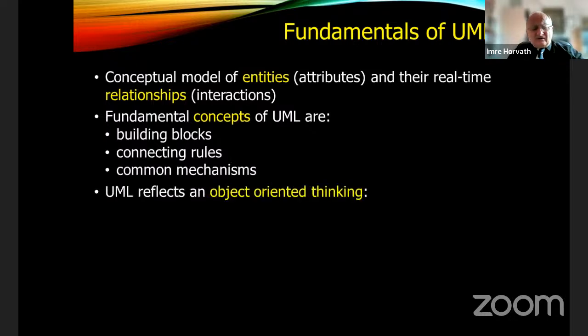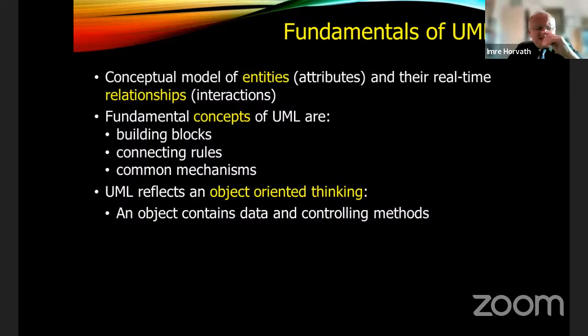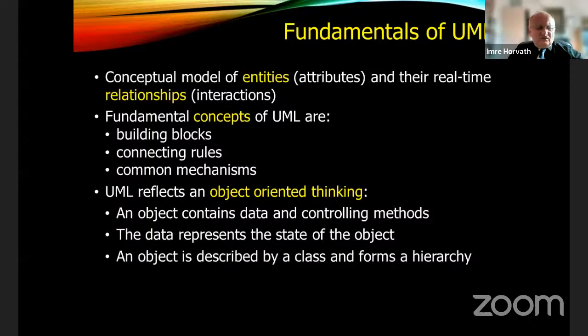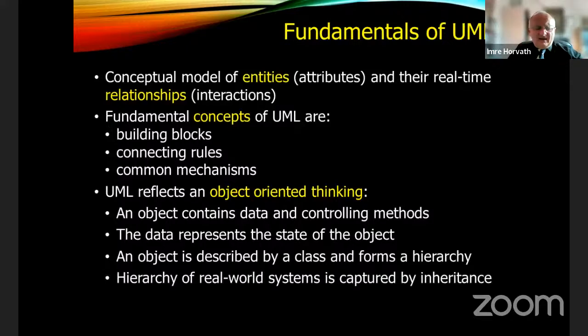UML was proposed at the end of the 90s, so it strongly relies on object-oriented thinking, which means that an object encapsulates the data and all the controlling methods. The data represents the state of the object, and the object is described by a set of classes and forms a particular hierarchy.